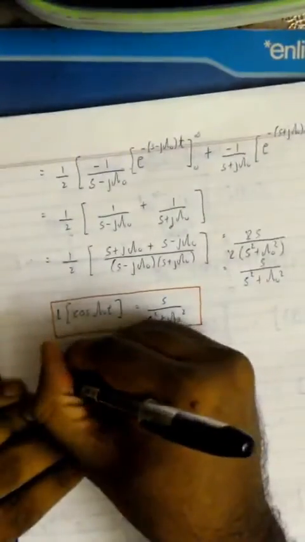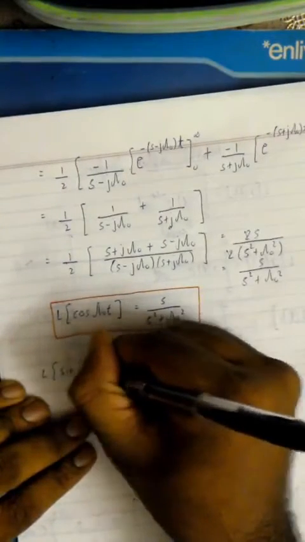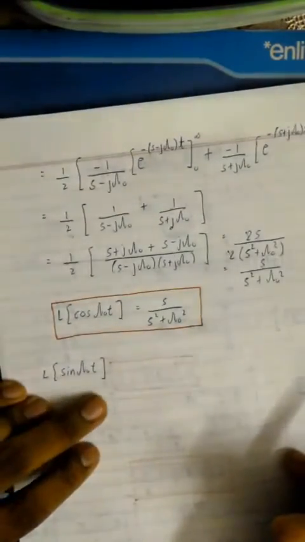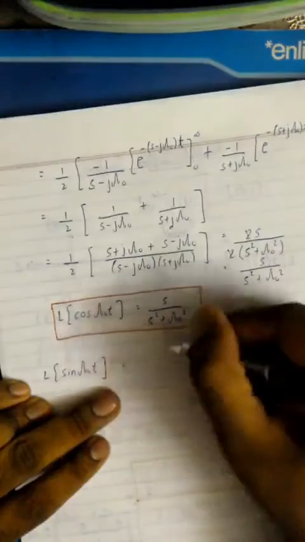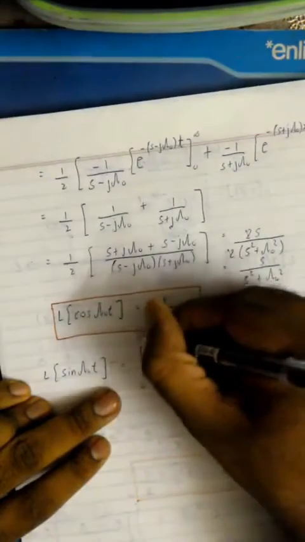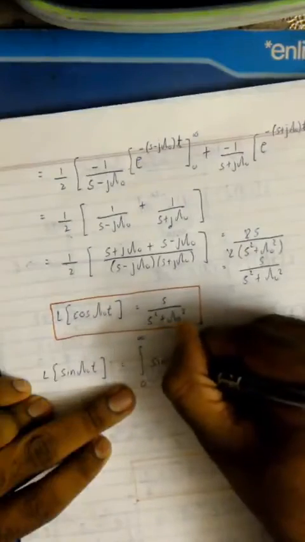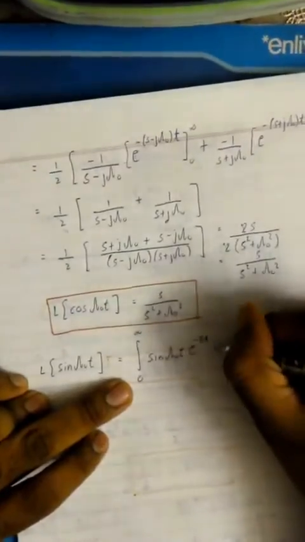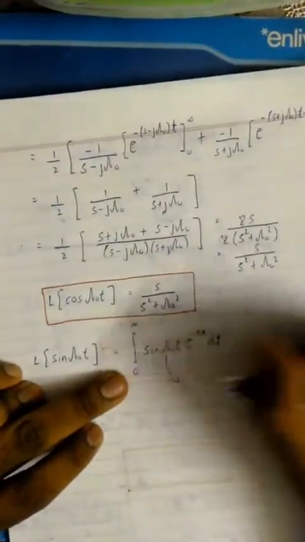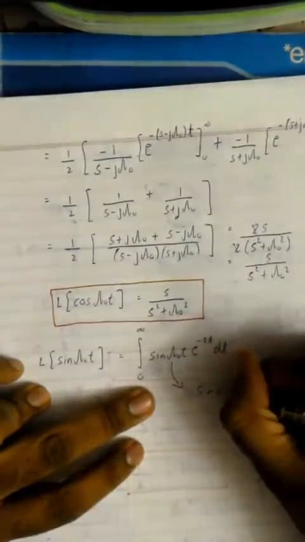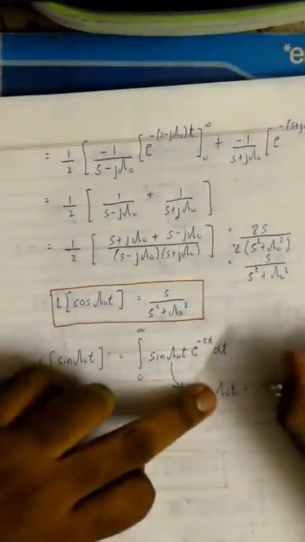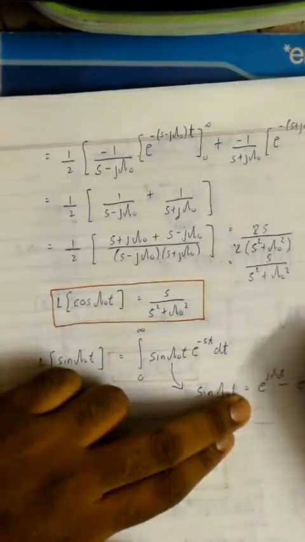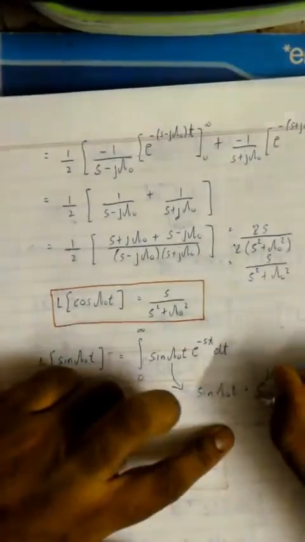similarly, I can now find the Laplace transform of sin ohm 0 t. Here also the procedure is exactly the same as before, no difference, except that the equation for sin ohm 0 t is e raised to j ohm 0 t minus e raised to minus j ohm 0 t by 2j.